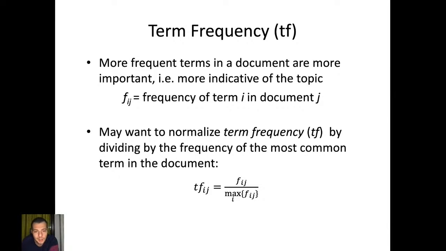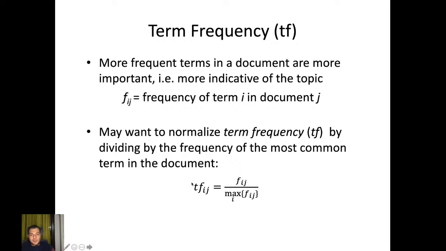This is to make sure that the frequencies of the words are scaled with respect to the size of the document. If we have larger documents, we will have larger frequencies. So in order to normalize the frequency, we divide it by the maximum frequency in the document.